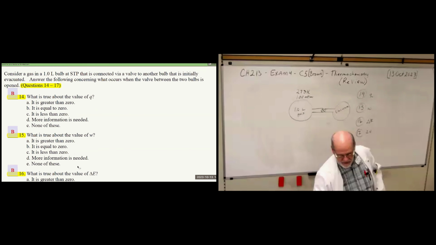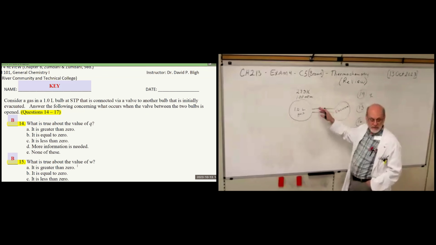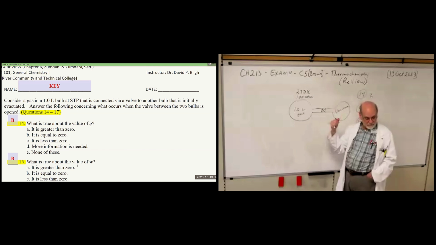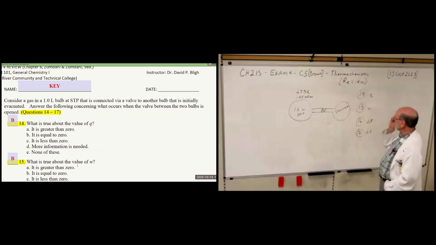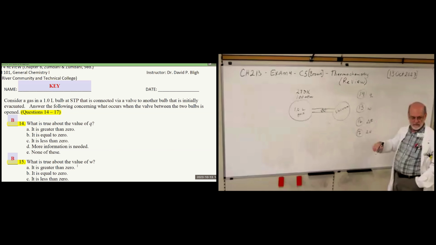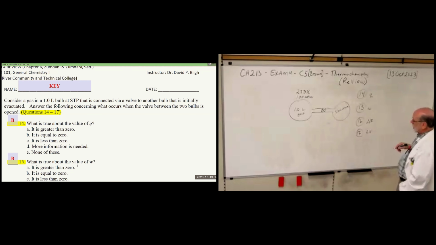All right. The question is, when we open that valve, we know what's going to happen. Right? The gas is going to rush into the vacuum. But we need to say something about heat change, work done, internal energy, and enthalpy. So we can take our pick.